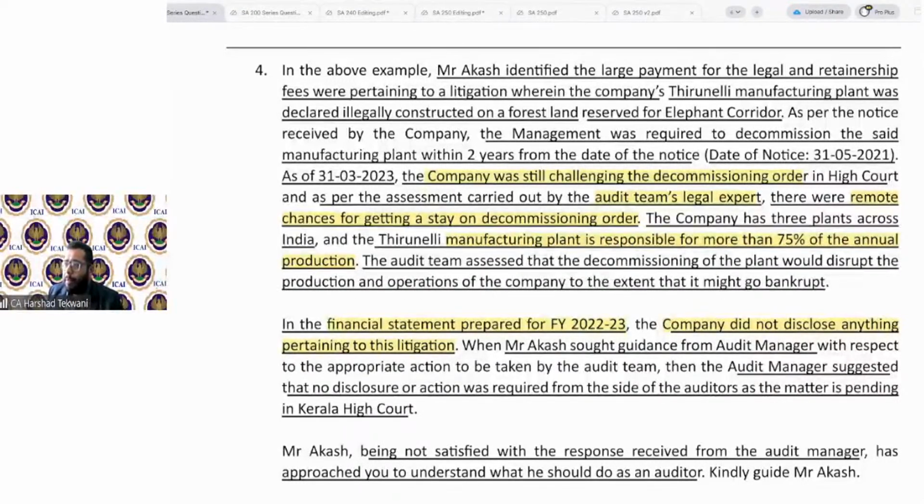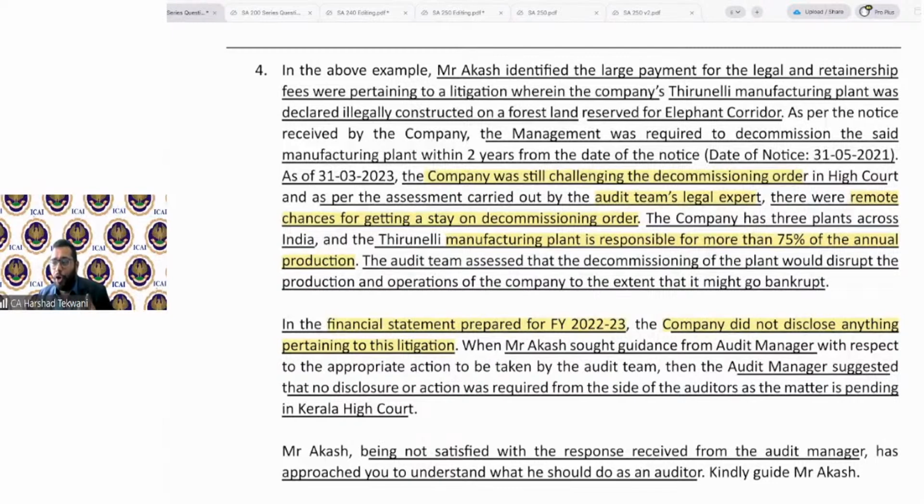Here the management's use of the going concern assumption is not appropriate, because the share of operations dependent on that manufacturing plant is 75%, enormous. If the plant goes down, the operations go down, and accordingly it will be an issue for the management.